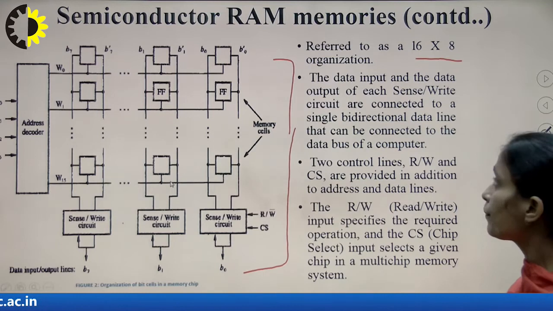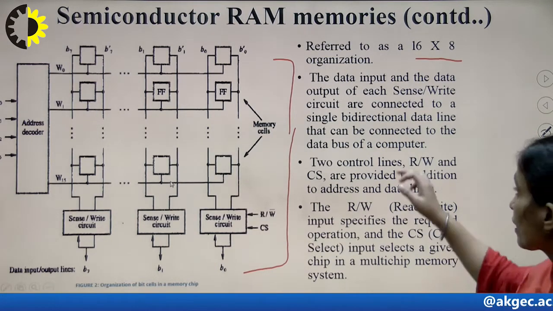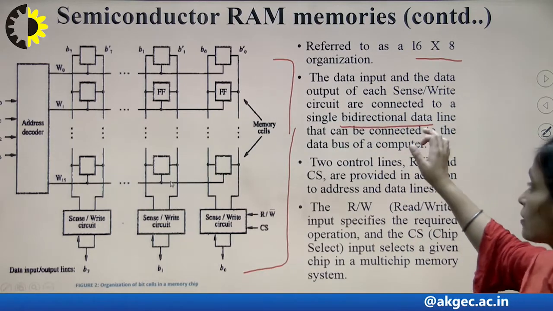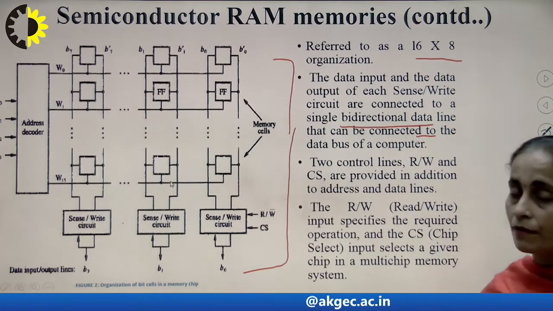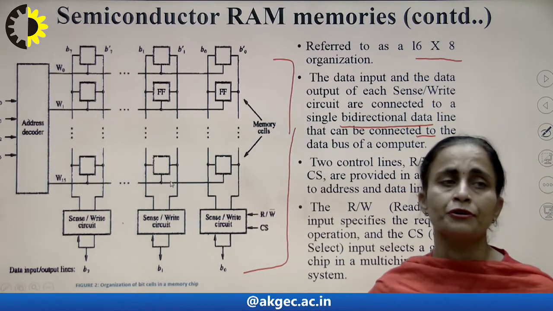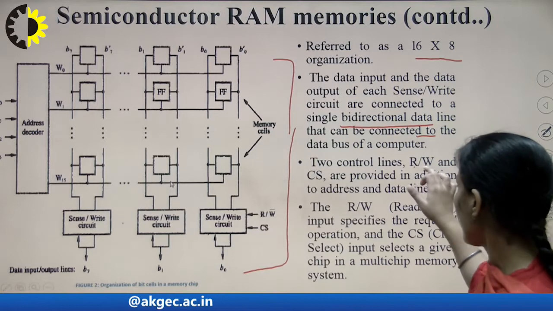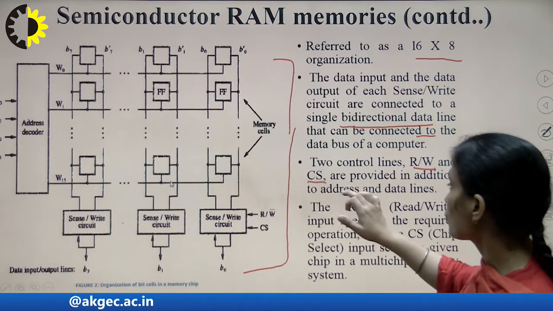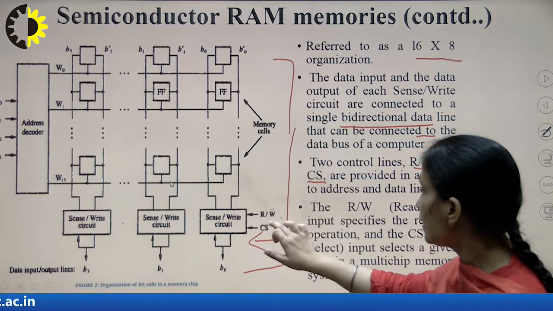The data input and the data output of each sense and write circuit are connected to a single bidirectional data line, and it can be connected to the data bus of the computer. Then we are using two control lines, read or write, and the second CS. These control signals are provided in addition to the address and data lines.